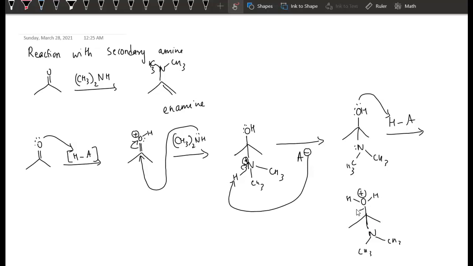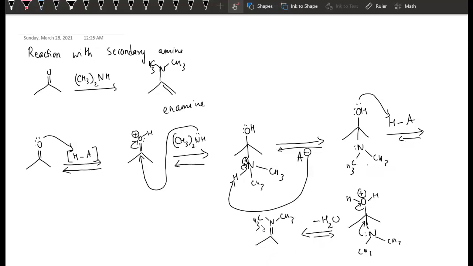Now water molecule will leave, but at the same time we have to maintain the octet of carbon, so this forms a double bond, and we end up with a double bond to nitrogen, CH3, CH3, and the water molecule is given off, minus H2O. Okay, and here again I should remember to put all these as equilibrium arrows because it is a reversible reaction, so I should show them like this, all of them.